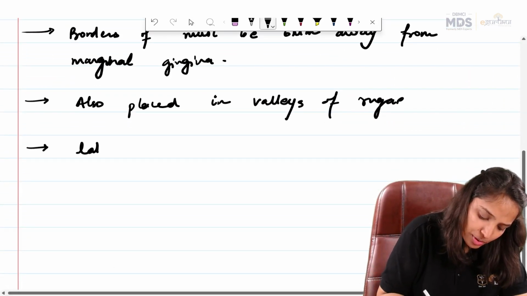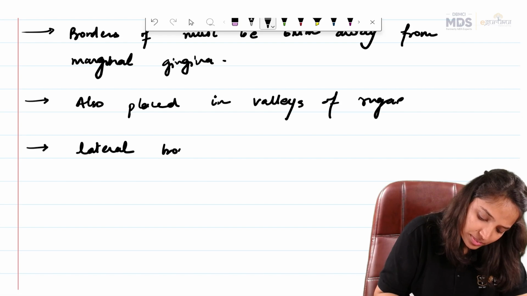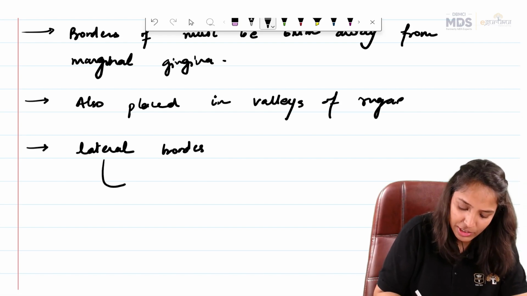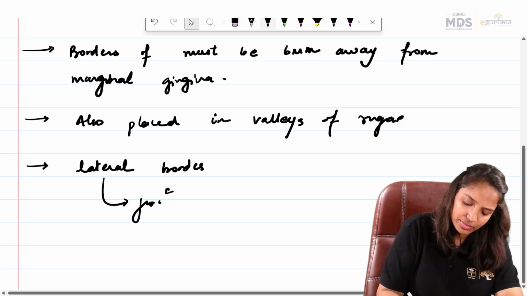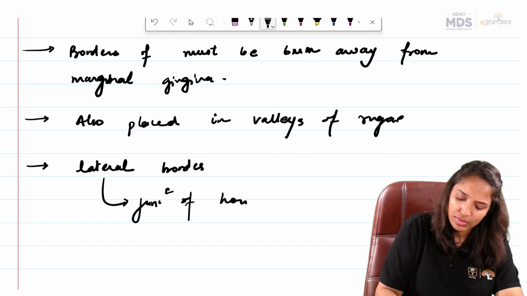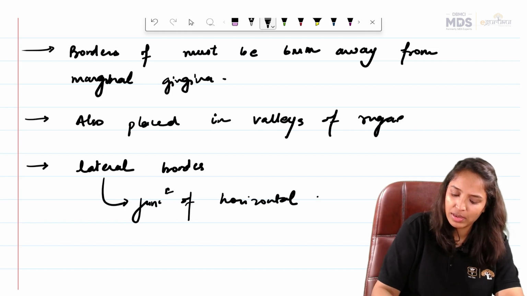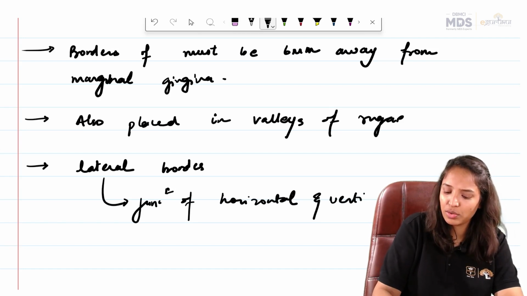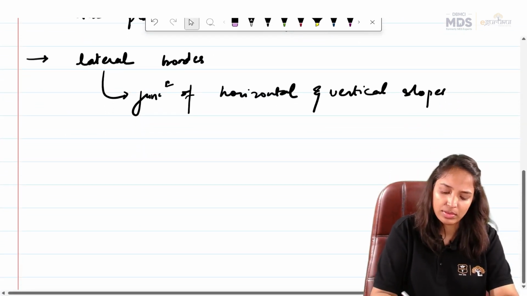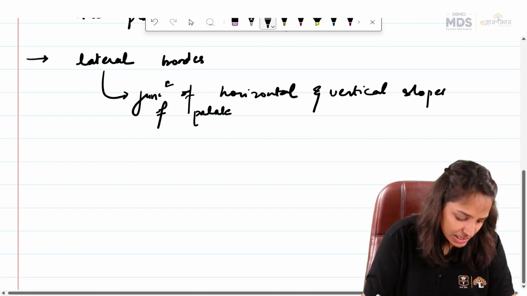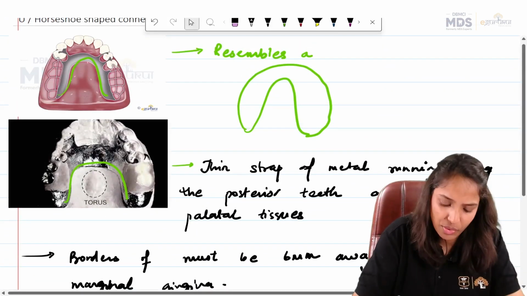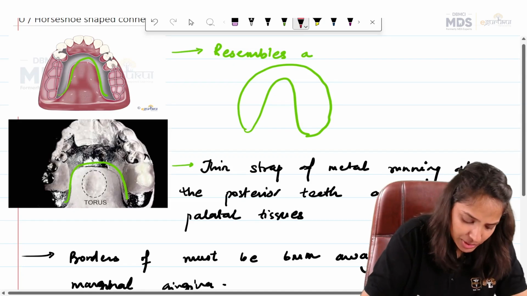And the lateral borders, where should they be? Lateral borders are placed at the junction of horizontal and vertical slopes of your palate. So let us see this in this particular image.